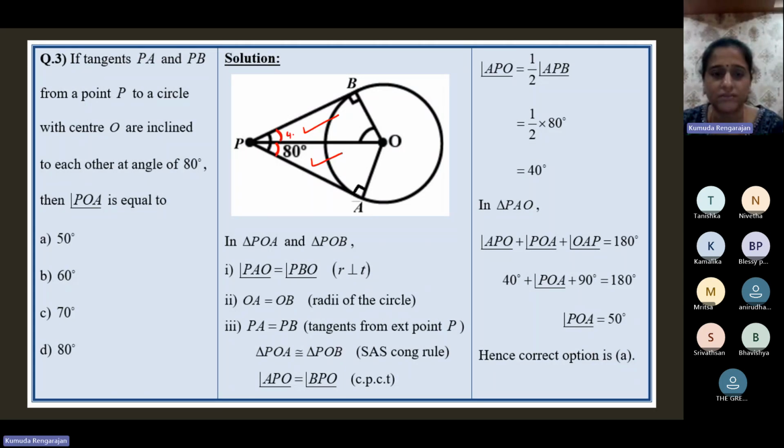It will be 40 and 40, because the whole thing is 80. We have to find POA. This is 90 degrees, this is 40 degrees, so 90 plus 40 is 130, 180 minus 130 is 50 degrees.